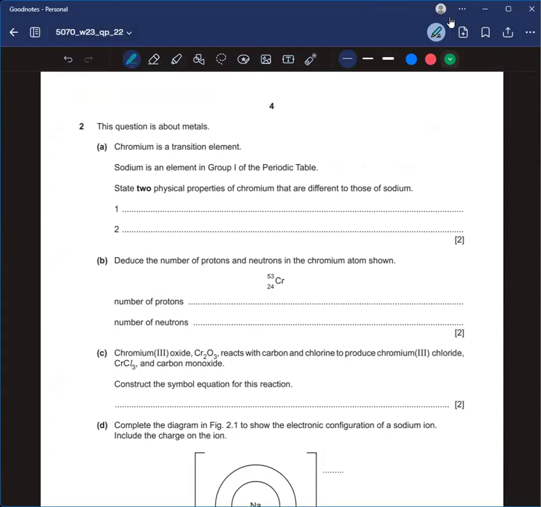So the difference is that chromium has higher density.